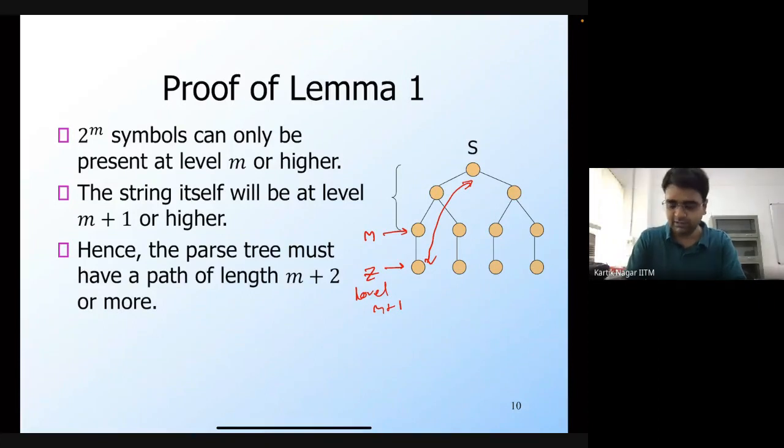In particular, the number of non-terminals on this path is going to be at least m plus 1, so we will have at least m plus 1 non-terminals on this path from the root node to the leaf nodes.